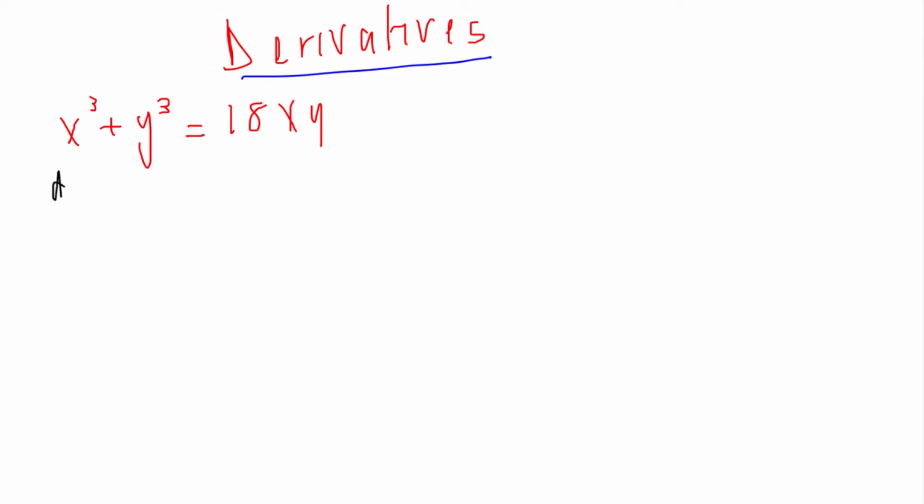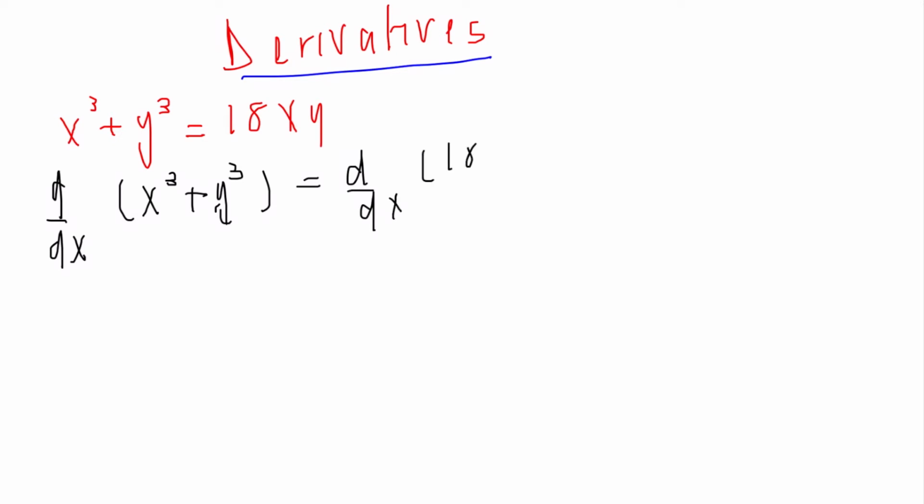So it's going to be d over dx of x cubed plus y cubed is equal to d over dx of 18xy.